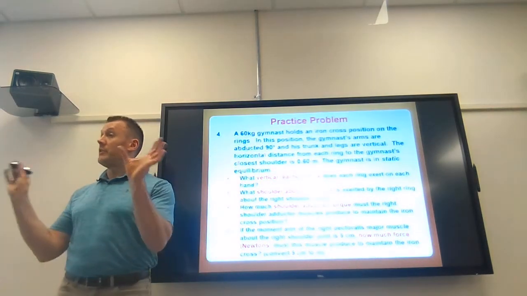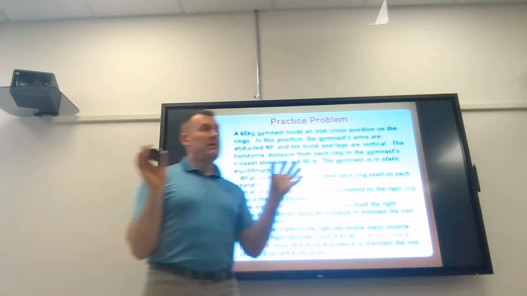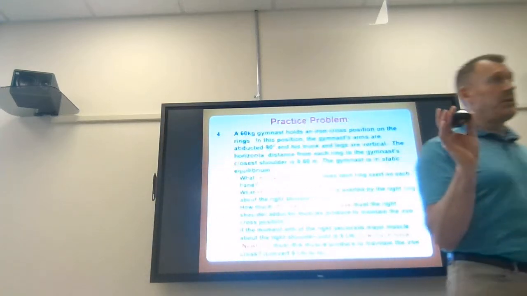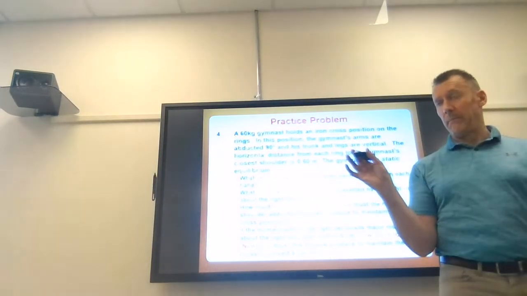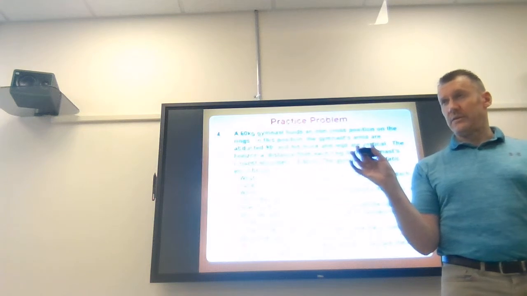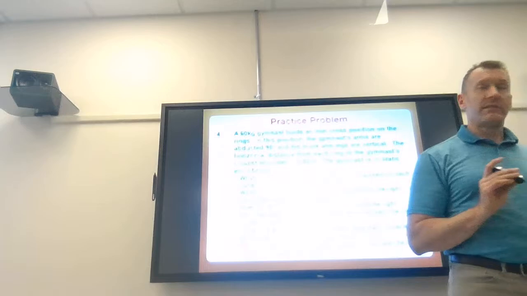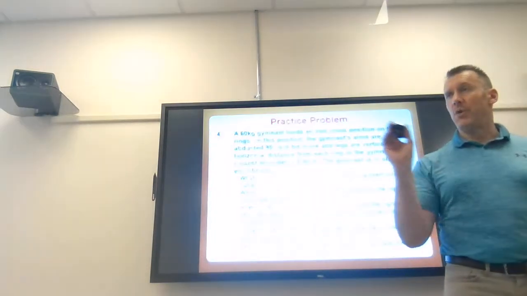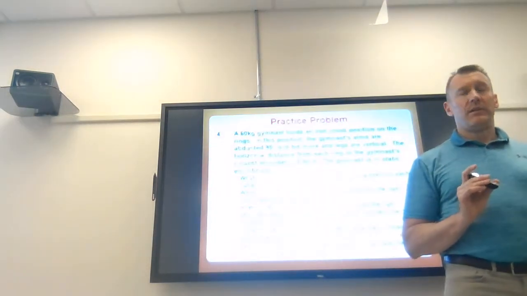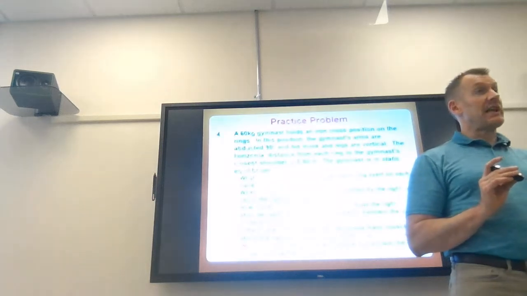So I want you to set the resistive torque equal to the muscular torque. And so you're solving for the muscle force in this case. You're given the moment arm of the muscle, you're given the resistive torque, which is how much again?